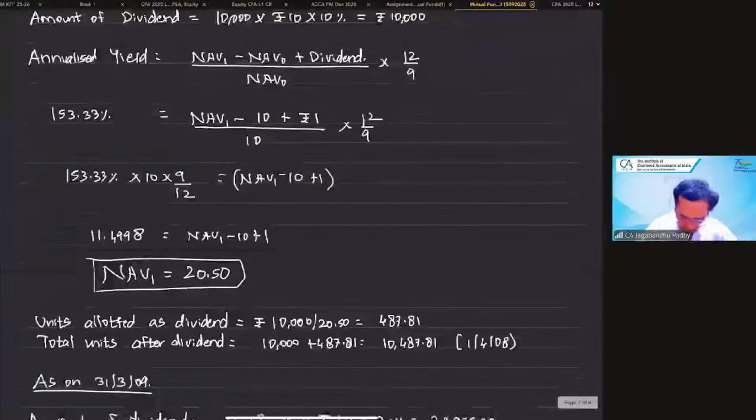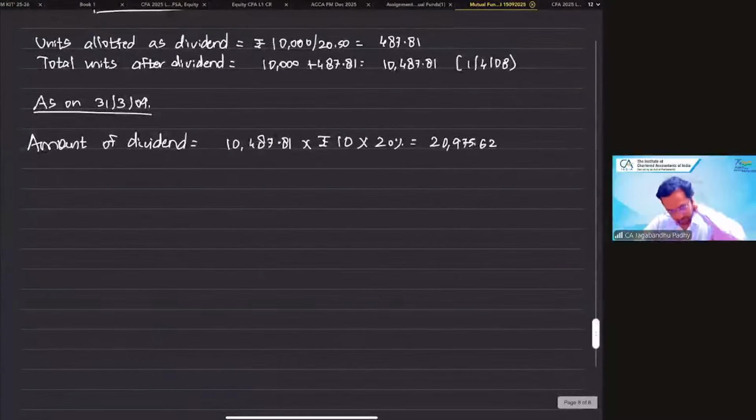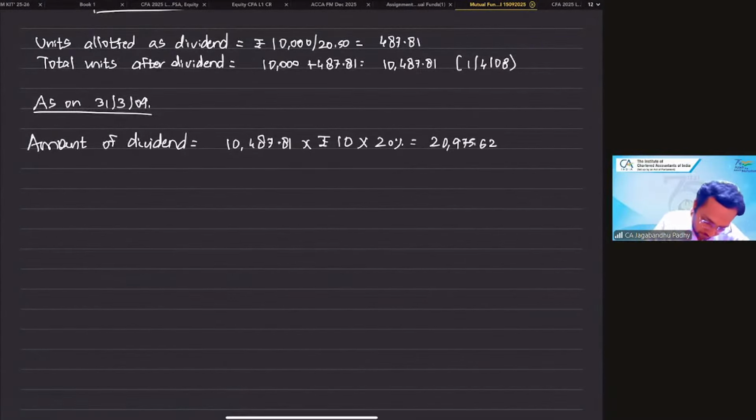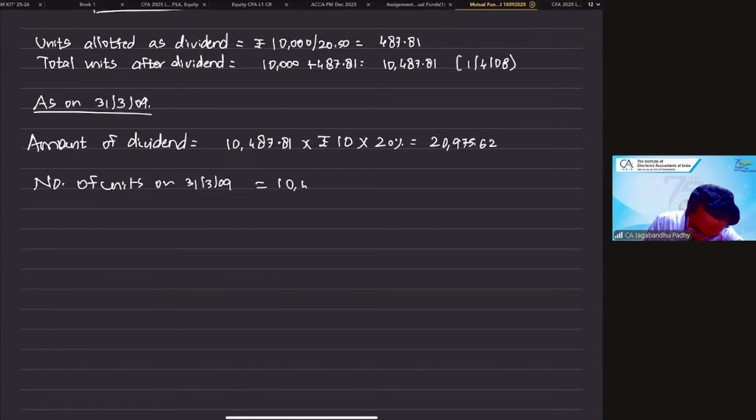That is the opening unit. So the number of units on 31st March 2009 is 10,487.81, and the number of units on 31st March 2010 is 11,296.